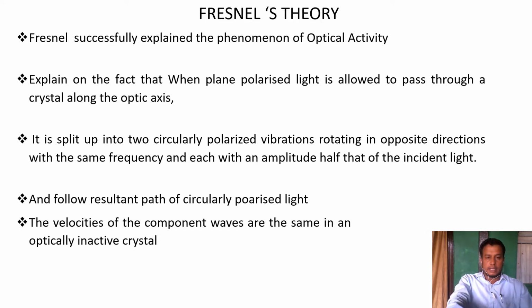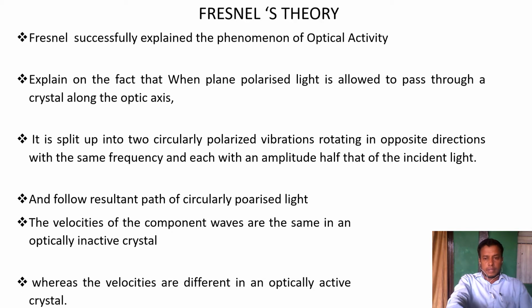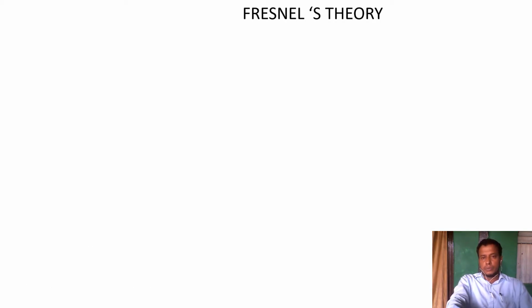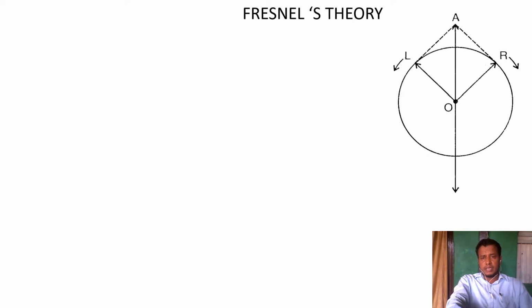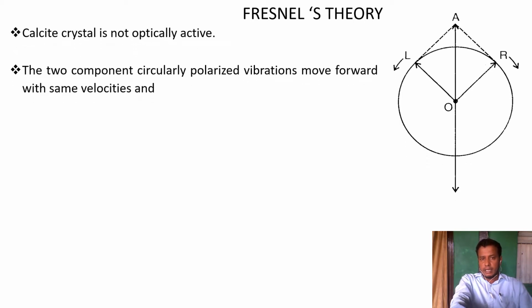The velocities of the component waves are the same in an optically inactive crystal, whereas in optically active crystals the velocities are different, so they move differently. Keeping this in mind, he took an optically inactive crystal, the calcite crystal, and passed plane polarized light through it.